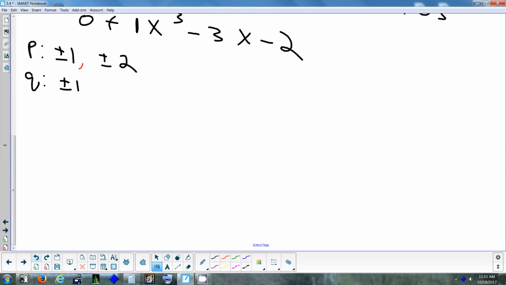So now let's make a list of every possible p over q. There's only going to be 4 of them. Can somebody give me the list of possible rational roots? 1 and 2, and?